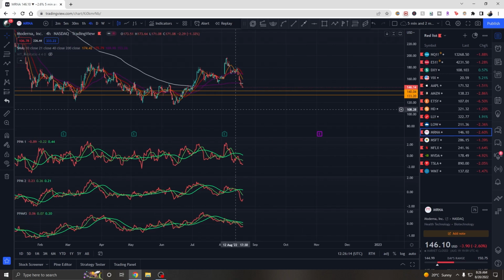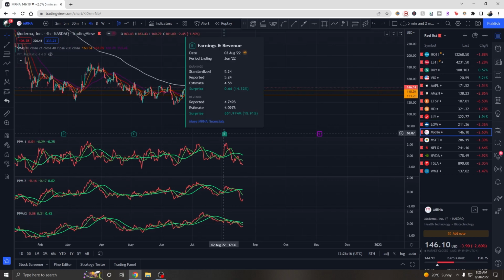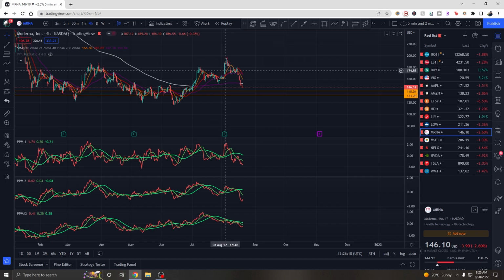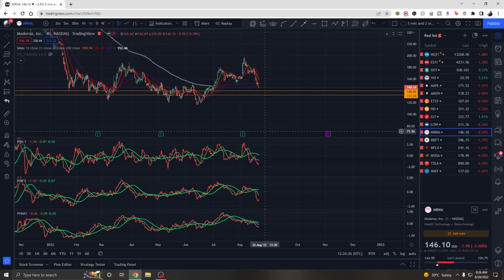Moderna sold off pretty aggressively after its earnings, despite having good earnings, and that sell-off happened over the span of a few days. Now what I'm expecting, if you see here, we have started curling back of PPM 1, 2 and 3. They have started moving up.